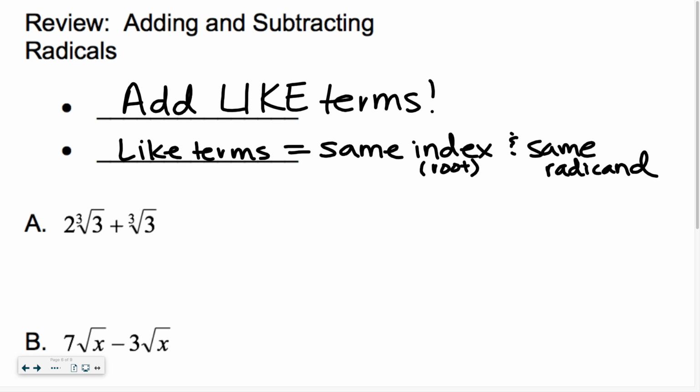I always tell a silly story. Suppose there was a Sam's Club for radicals, with aisles and aisles of radicals. You're walking with your cart and you say, oh, hey, cube roots of 2, I needed some of those. So you put 2 cube roots of 2 into your cart.